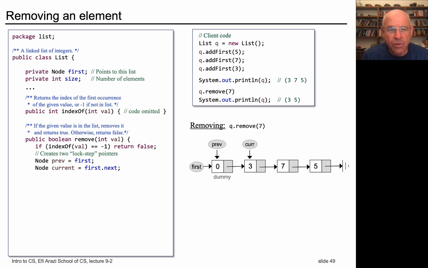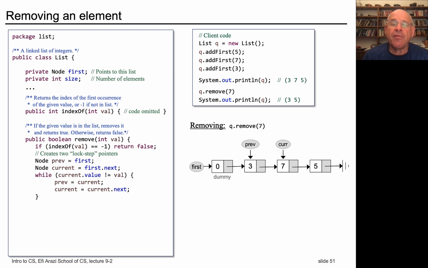I created these 2 pointers, and these pointers will begin to go together, one after the other, throughout the list. Okay? So I check if the value of current is val. Because you see, I want to skip the dummy as usual. So I check if the value of current is null. If it's not null, I know that I have to move forward in the list and check again. So I move forward by saying prev equals current and current equals current.next.